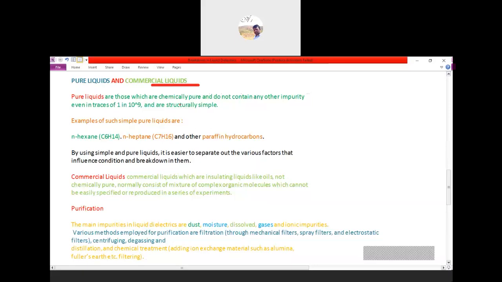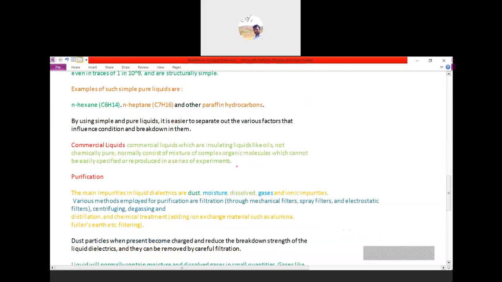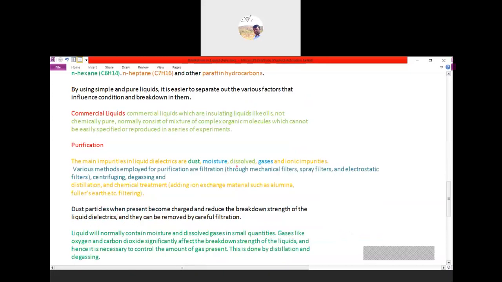Now consider capacitors: replacement of capacitor oil by askarel increases the overall size of the capacitor by 30%. Here, as an example, take capacitor oil. The oil is also a contamination in the dielectric medium.